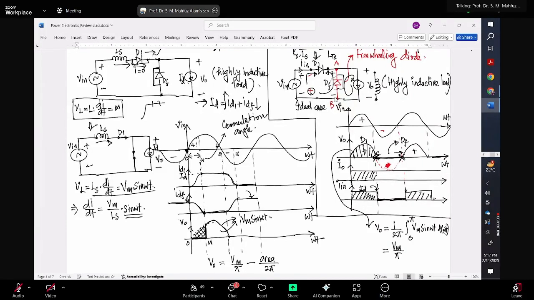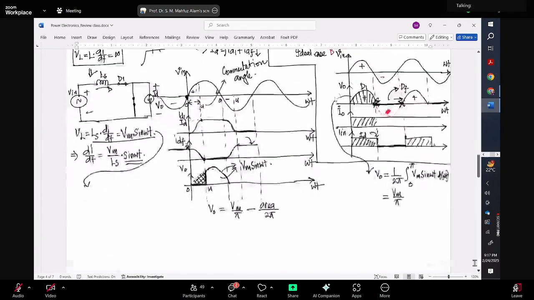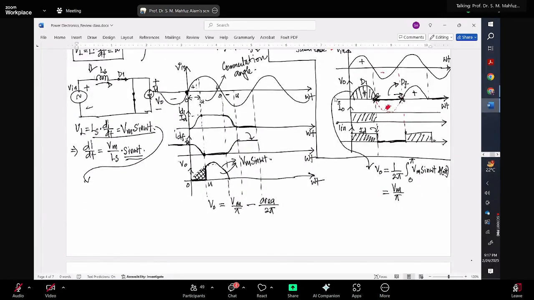Yes, sir. So now, if this is my equation, let me write it down: Vm sine omega t equals Ls multiplied by di over dt.